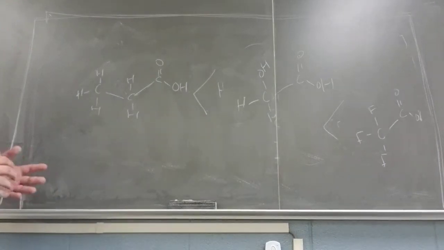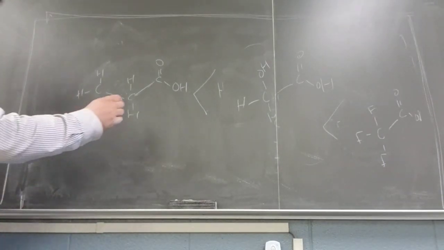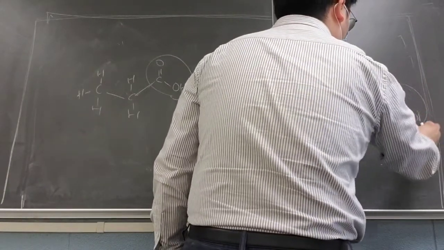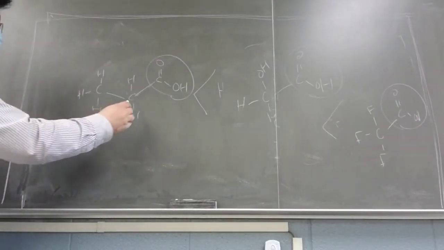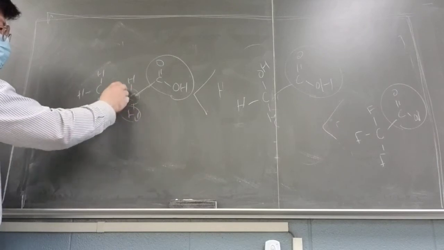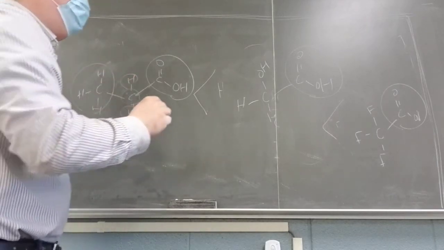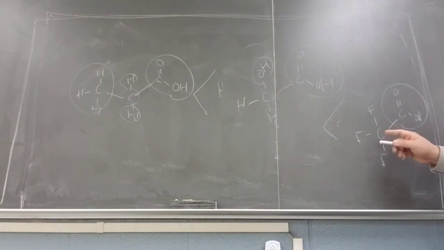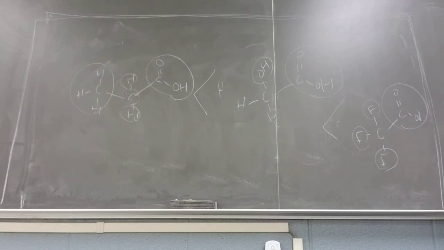If you have this compound over here, you have a carboxyl group on the right side. But the only difference is you have a neighboring carbon that has only hydrogens or carbons over here. But this one has what? A hydroxy group here. And this one has a very electronegative element, which is fluorine, over here.